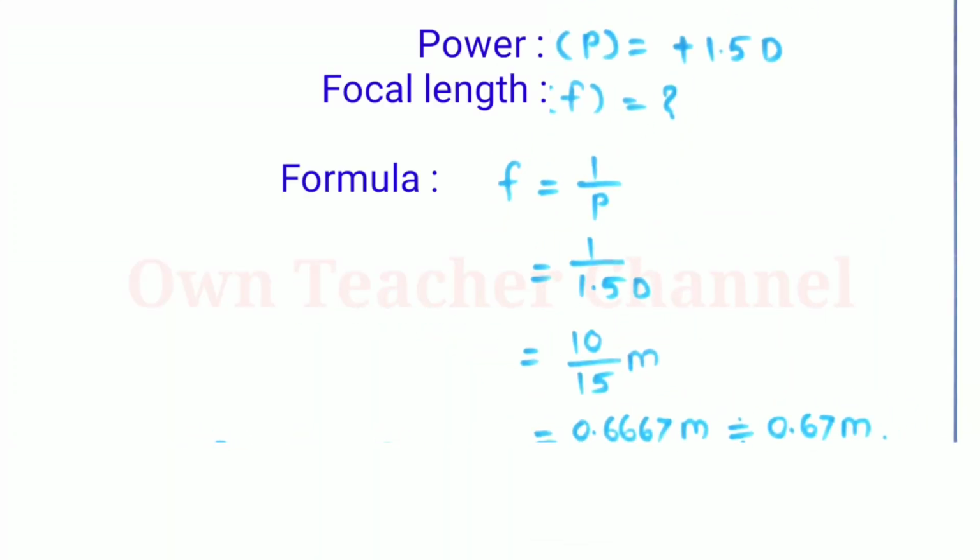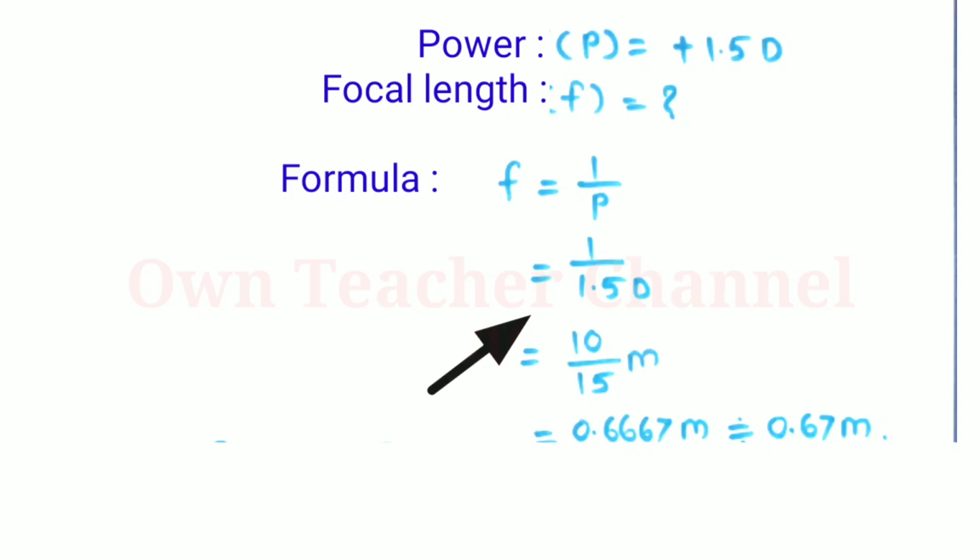In this problem, power is given plus 1.5D and we have to find out focal length, that means f. Our formula is f is equal to 1 upon P. P is given 1.5. So we will keep here 1 upon 1.5D.